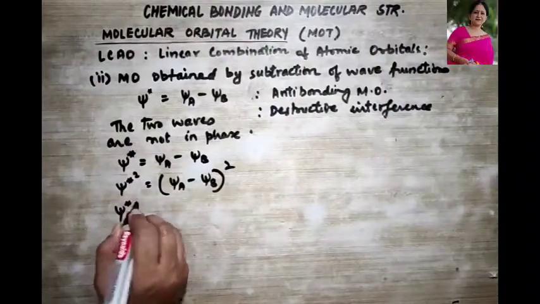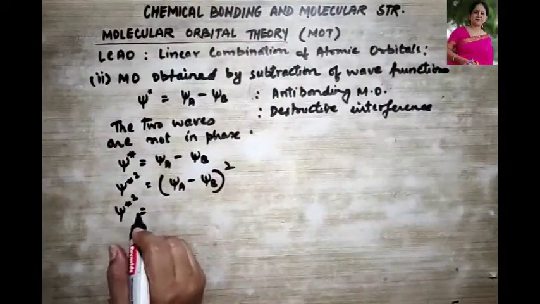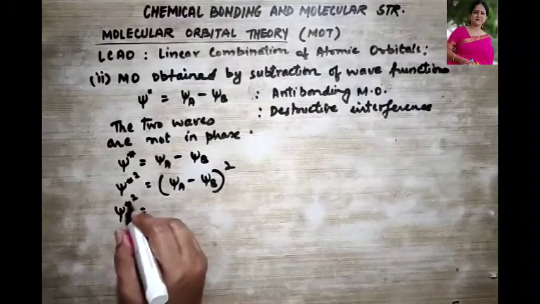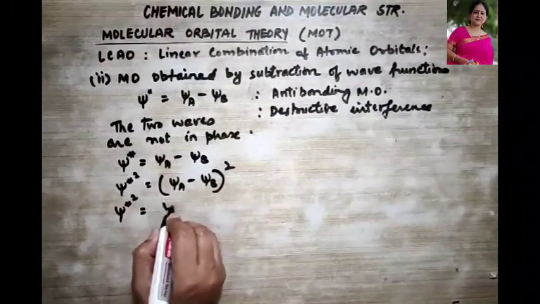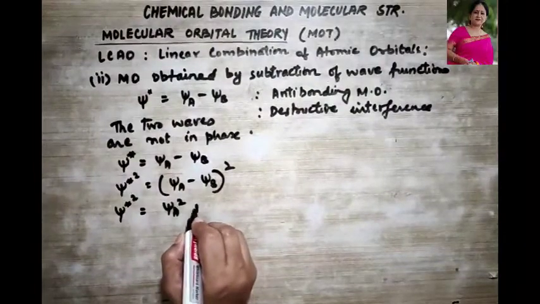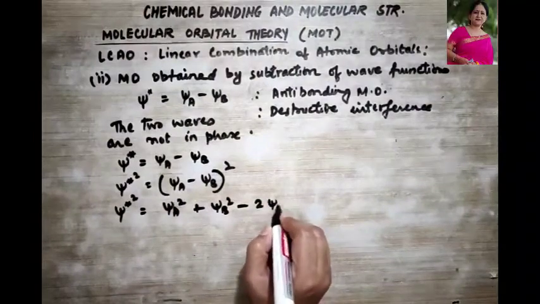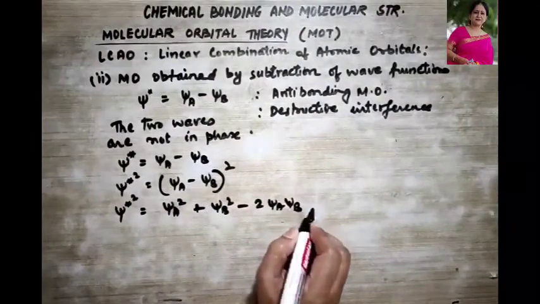So antibonding wave function squared will be equal to psi A squared plus psi B squared minus 2 psi A psi B.